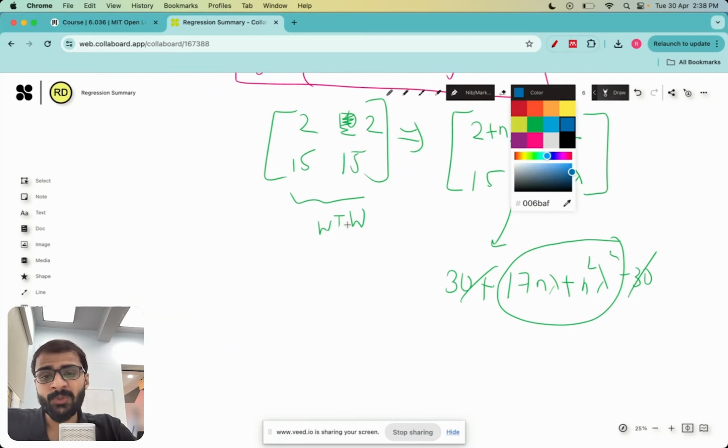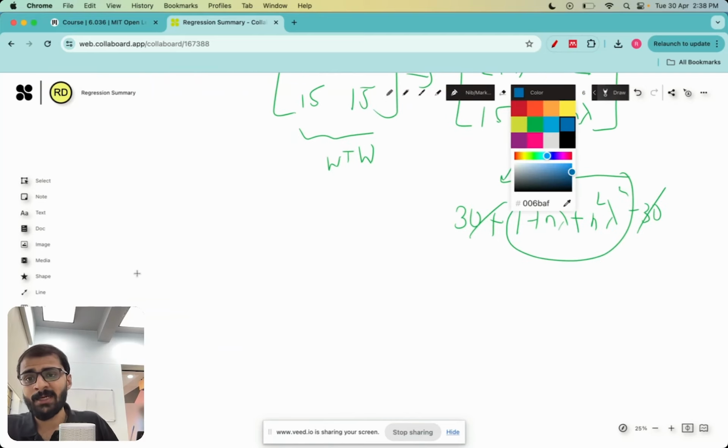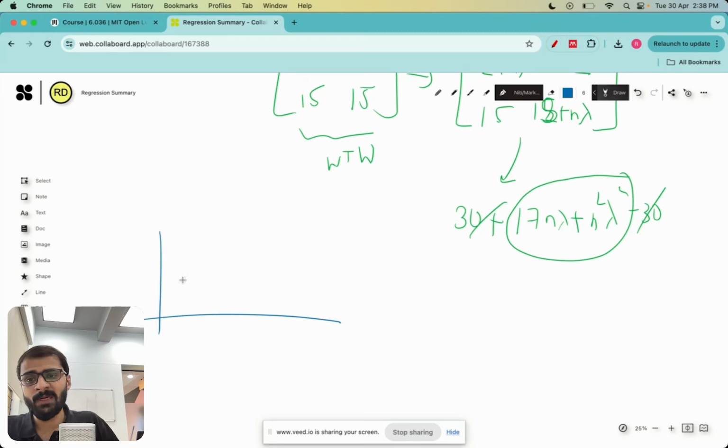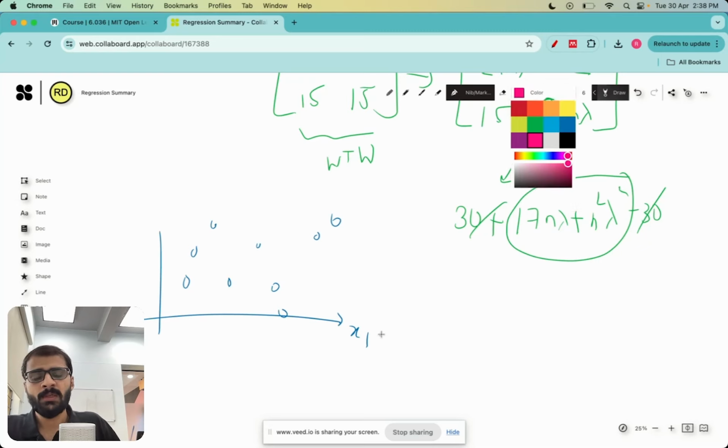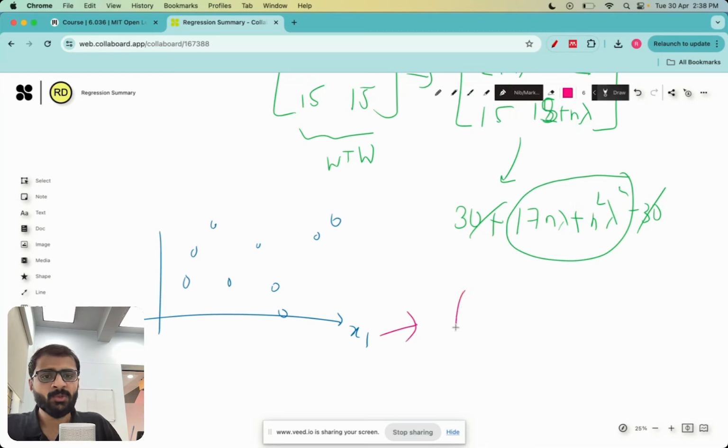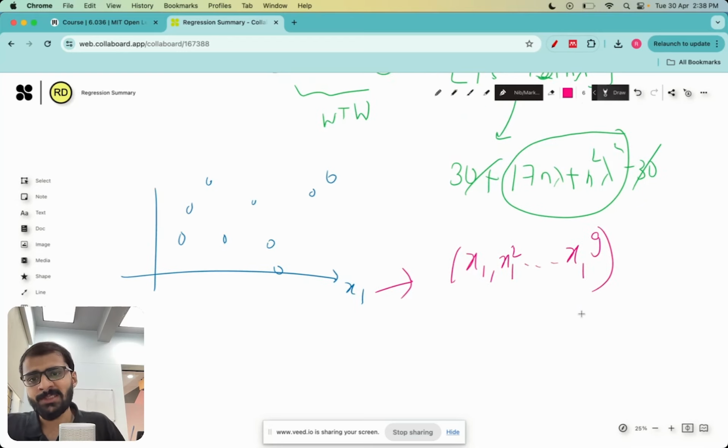One question commonly asked in interviews is this: let's say you have this kind of data set, with only one feature, but you use feature transformation to scale it to ninth order. So now you have x1 squared up to x1 raised to 9 as features. The question is, what polynomial order do you need to use to fit these data points?